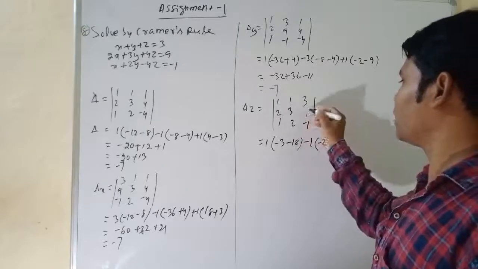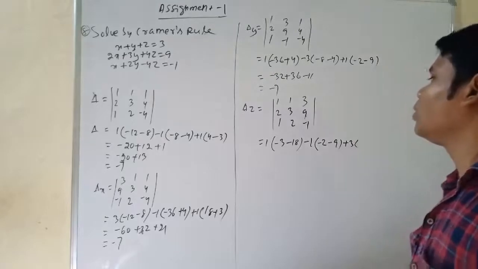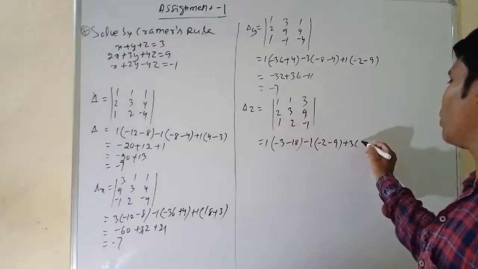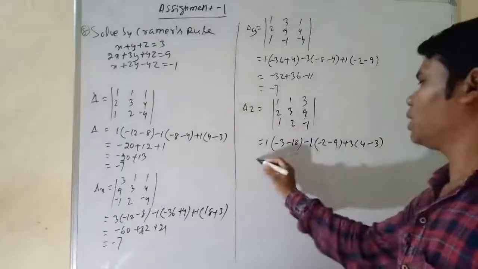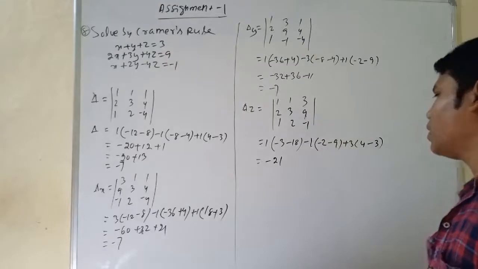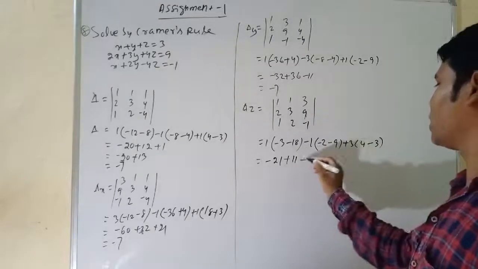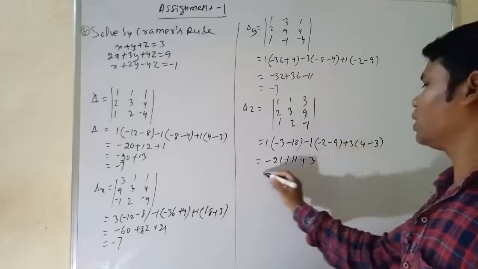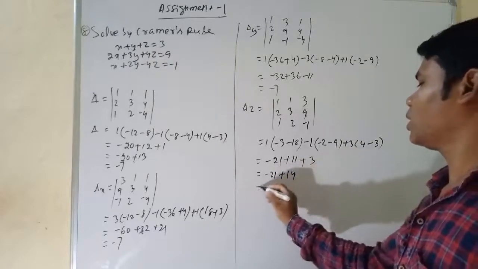This is 9, 9, plus 3 into 2 into 2, 2 into 2, 4, minus 1 into 3, 3 is equal to minus 21. Here minus 11, minus 1, plus 11, here 1 into 3, 3 is equal to minus 21, plus 14 is equal to minus 7.